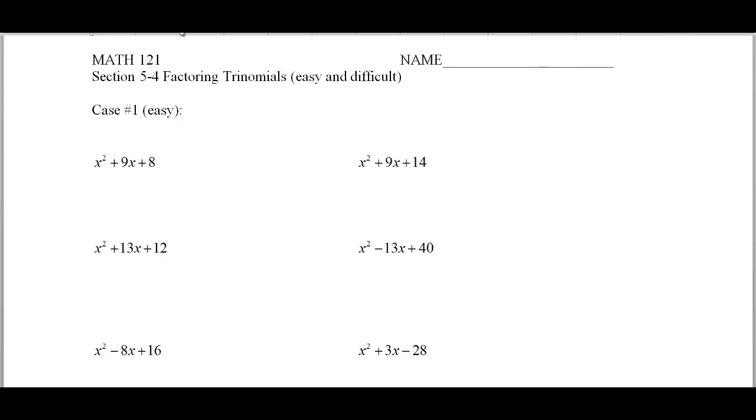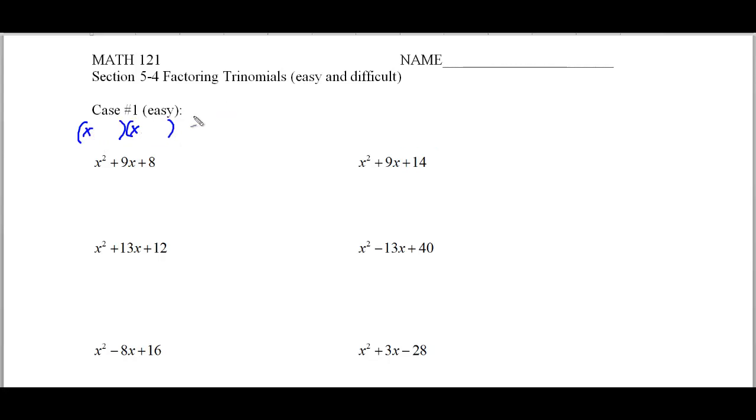So these are relatively easy because what you'll have to do is think of all the ways that you could factor the third term to make the middle term. Because in the FOIL of first, outside, inside, last, all of our answers are going to look like two sets of parentheses with an x inside the first parts of those parentheses.